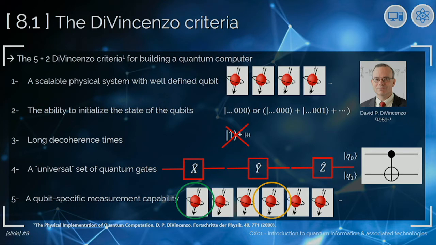As long as you can have as many electron spins as you want, then it's okay to tick the first criterion, where you have a scalable physical system in the sense that you can reproduce as many equivalent qubits for your system as you'd like. That already is something extremely difficult to do at present day. We cannot have as many qubits as we would like, and in particular, not as many qubits that look alike as we would like.